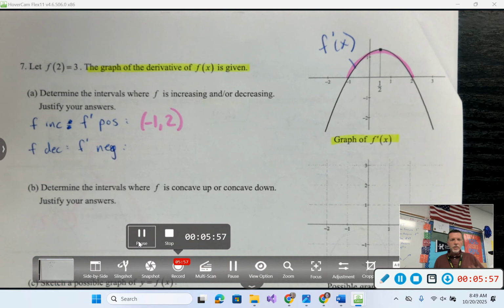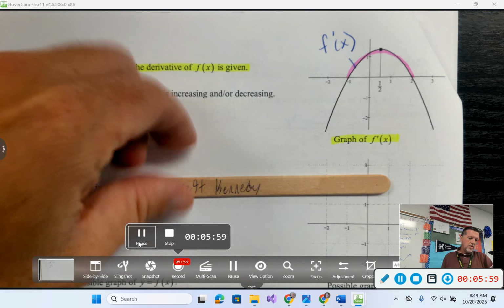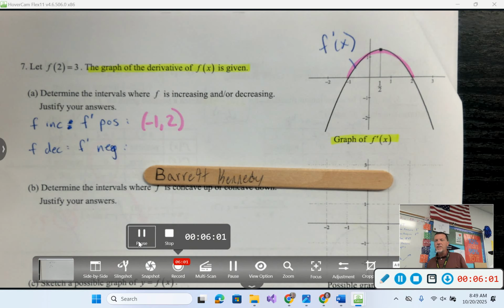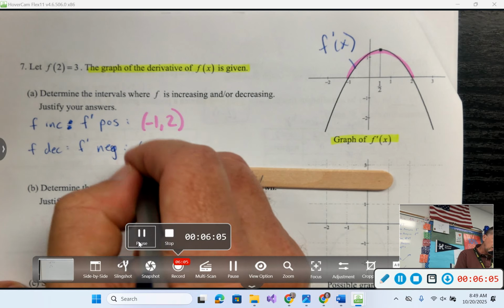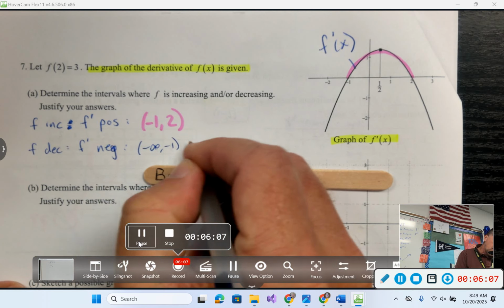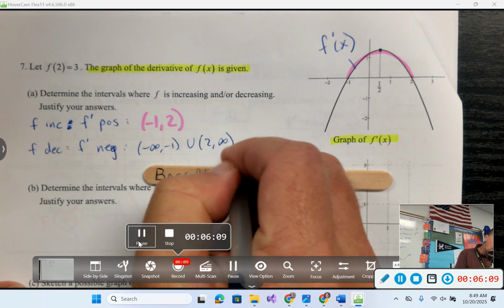Again, be careful what you're looking at. Barrett, where is f prime negative? Yes.